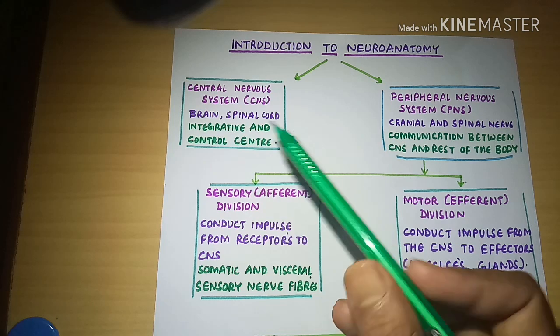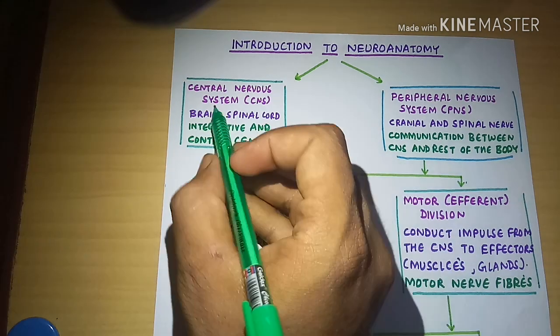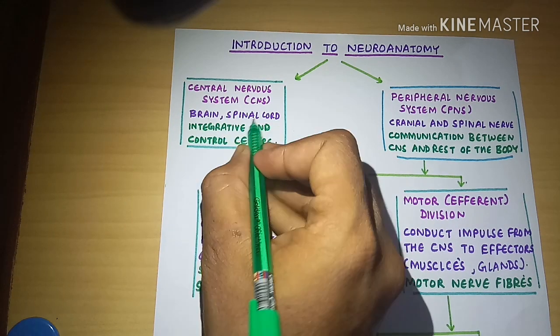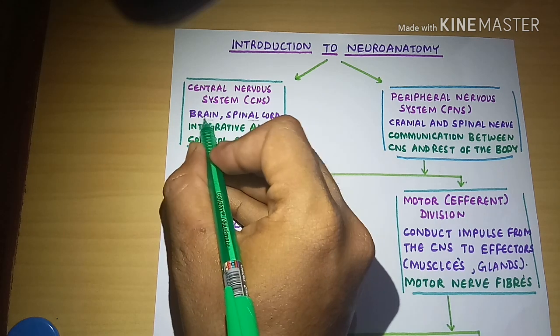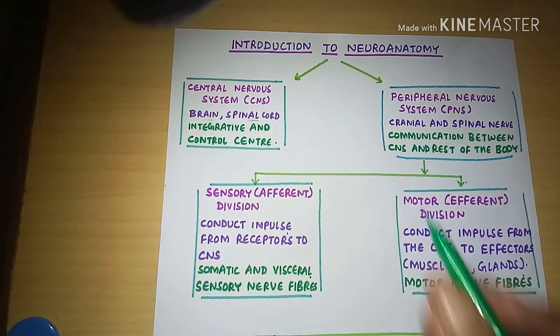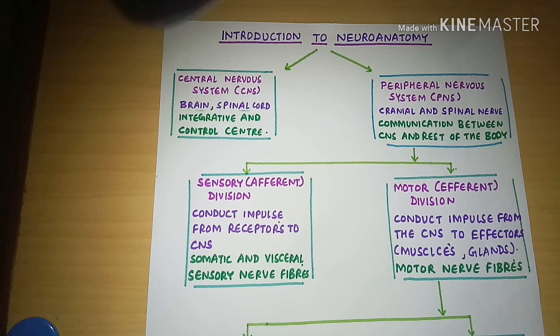The central nervous system consists of the brain plus spinal cord. Brain plus spinal cord are included under the central nervous system, and the central nervous system is the integrative and control center of the whole body.